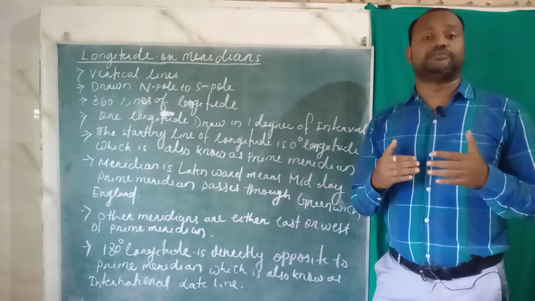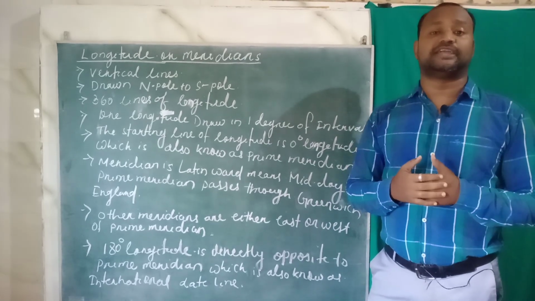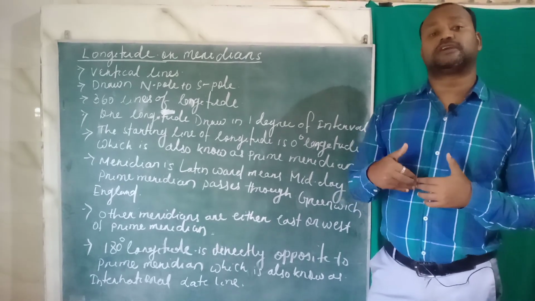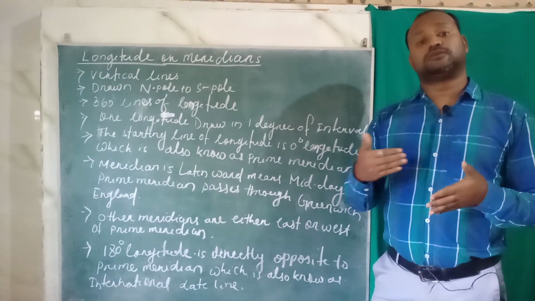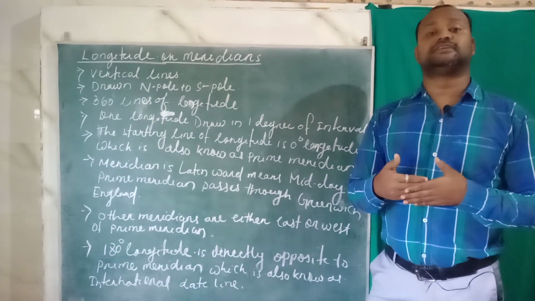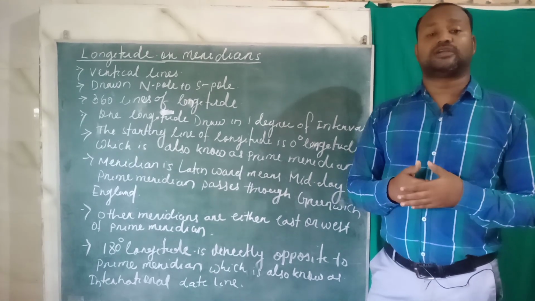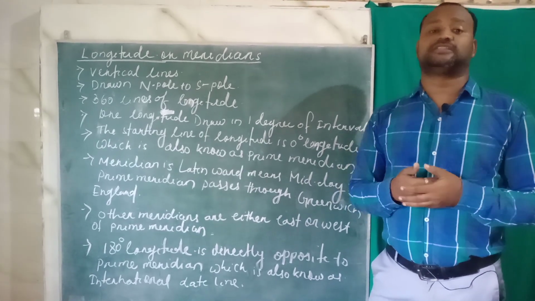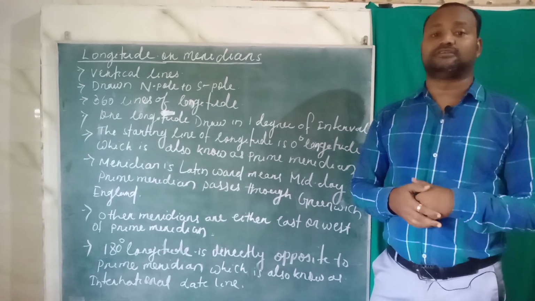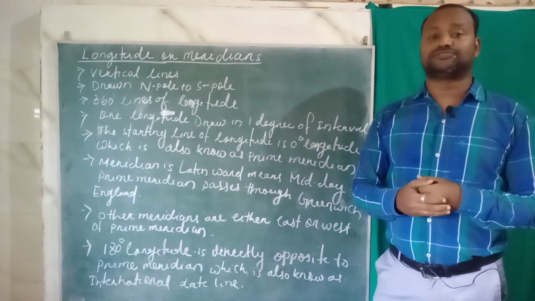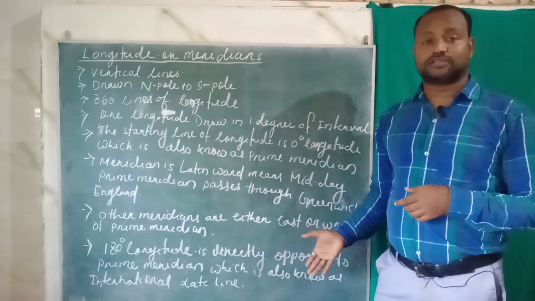It means that if you cross the international date line towards the west, then it will be 1 day ahead. If you go beyond the 180 degree longitude towards the east, then it will be 1 day behind. So this is the normal concept about the longitude.